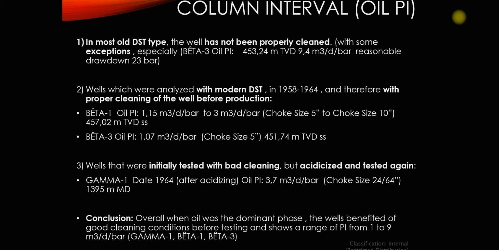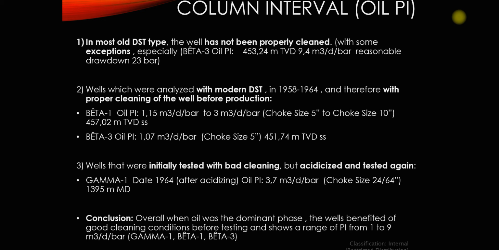And now there is some correspondence between wells where we know they were properly cleaned for gas, or properly cleaned for oil, like Beta 3. And we have the well I mentioned before, Gamma 1, that had not been properly cleaned at the beginning, but was acidized afterwards.